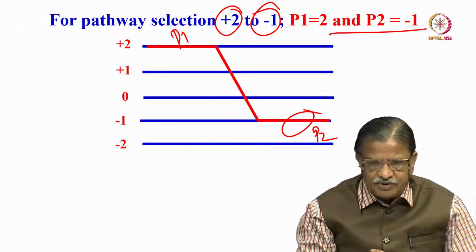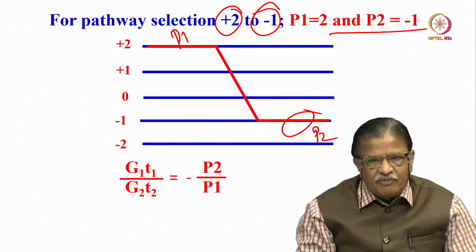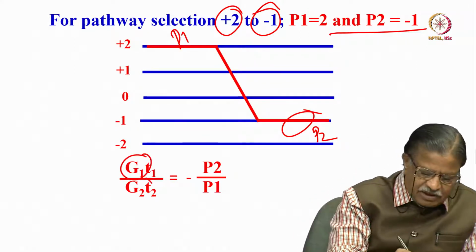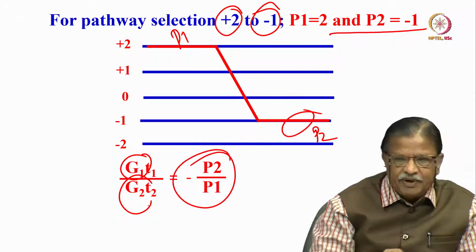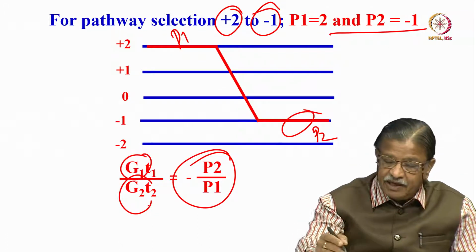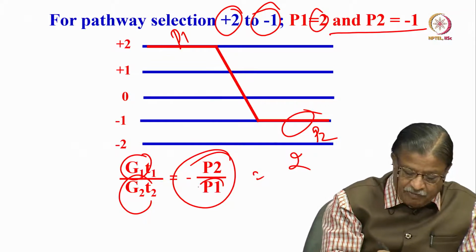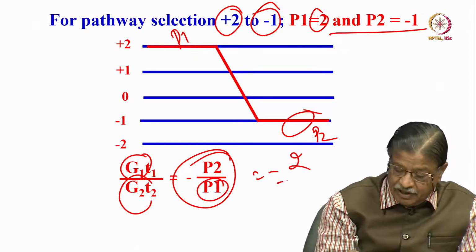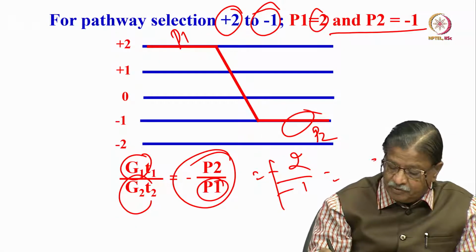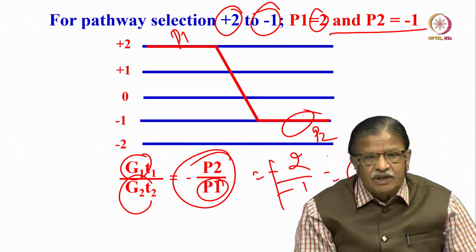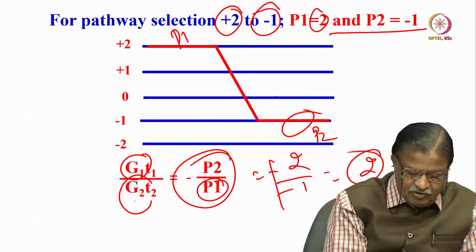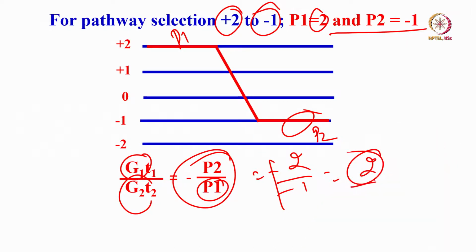I want to choose this. According to my formula, G1 T1 over G2 T2 is equal to minus of P2 by P1. What is P1 here? P1 is equal to 2. Substitute 2 here. What is P2 here? Minus 1. Minus of minus 1. So it will become 2. So G1 T1 over G2 T2 should be equal to 2.